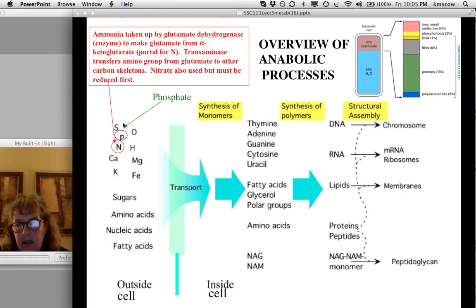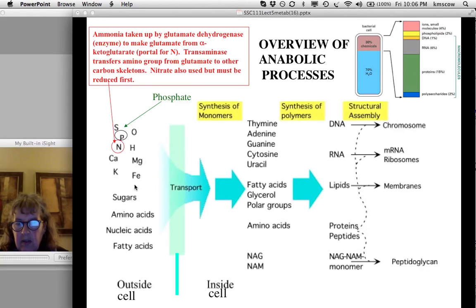Well, this is a picture that from here on in is inside the cell, and here's all these different processes that are going on that are taking these basic ingredients that are outside the cell, like these elements, but also simple organic compounds like sugars, amino acids, nucleic acids, fatty acids that are coming from plant residues breaking down or from dead organisms around you.